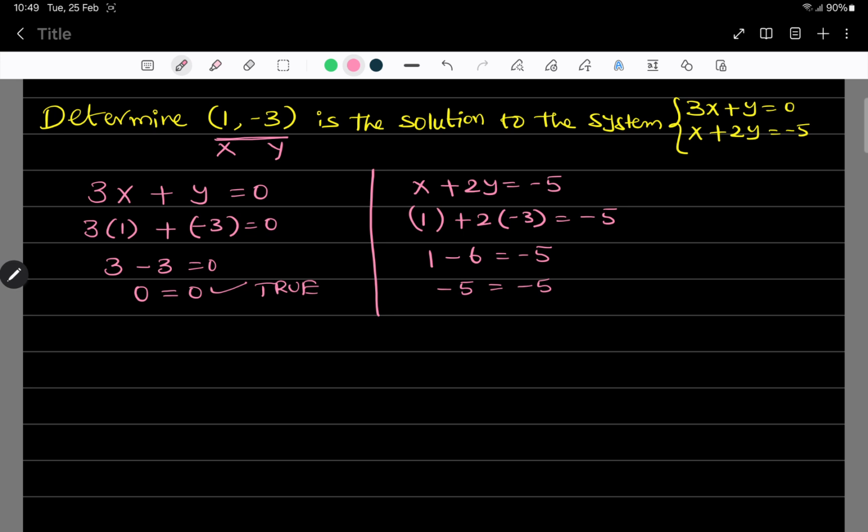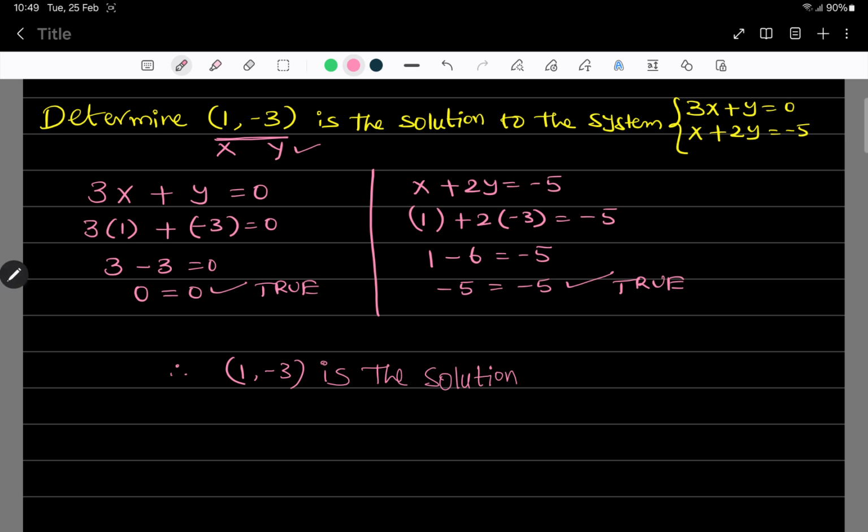So minus 5 is equal to minus 5. This is also true. So both the equations are true using x is equal to 1, y is equal to minus 3. So my conclusion, the point 1, minus 3 is the solution for the given system of equations.